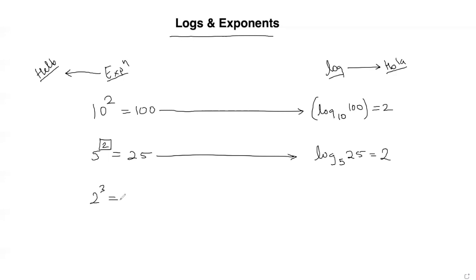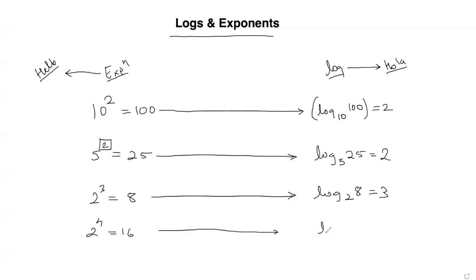If I write 2 cube, that is 8. And in the log form, that will be log 8 to the base 2 is equal to 3. Let's practice some more. If I want to write 2 to the power 4, that is 16. And this will be in the log form, log 16 base 2 is equal to 4. So log answer is always going to be the index.